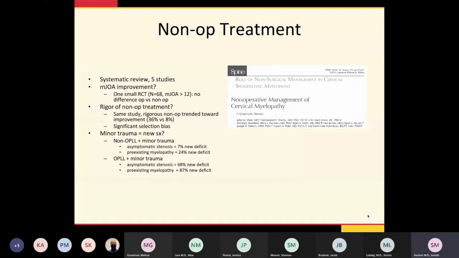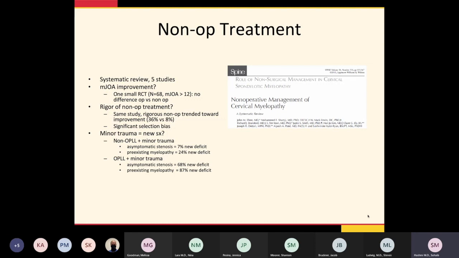The same study, though, tended towards rigorous non-operative treatment, potentially skewed towards improvement. However, this study should be considered for its selection bias because the most severe patients would obviously be indicated for and have surgical management to prevent progression of the cervical myelopathy.